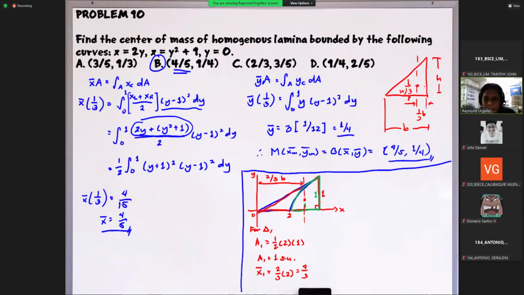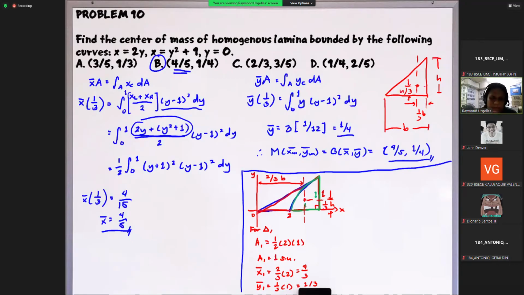The distance from the x-axis is from the base, so that is 1/3 of the height. Our height is 1 unit, so y1 bar is equal to 1/3 of 1 unit, which is 1/3. So we have the triangle.